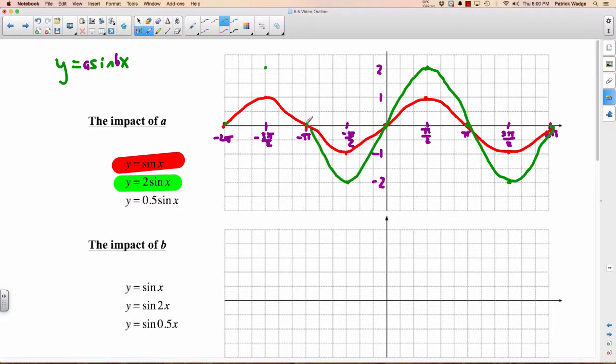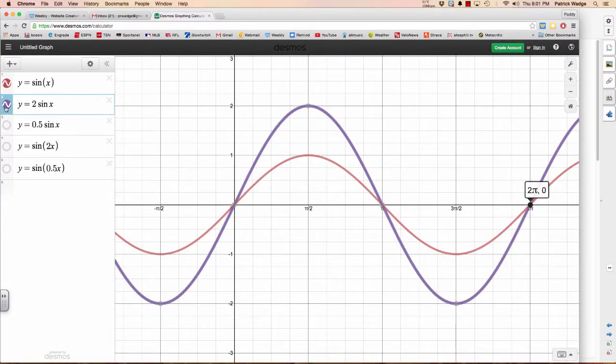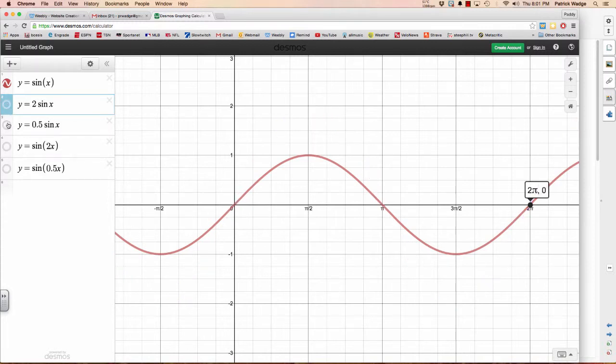So I'm thinking you can probably guess what's going to happen in the last case when we put 0.5 in here. So maybe I'll turn off this one so it doesn't get too busy and turn on this one, and you can see, look at the period, stays exactly the same, right? It's going from here to right there. It's still 2 pi, same period, but the amplitude now is only half as much.